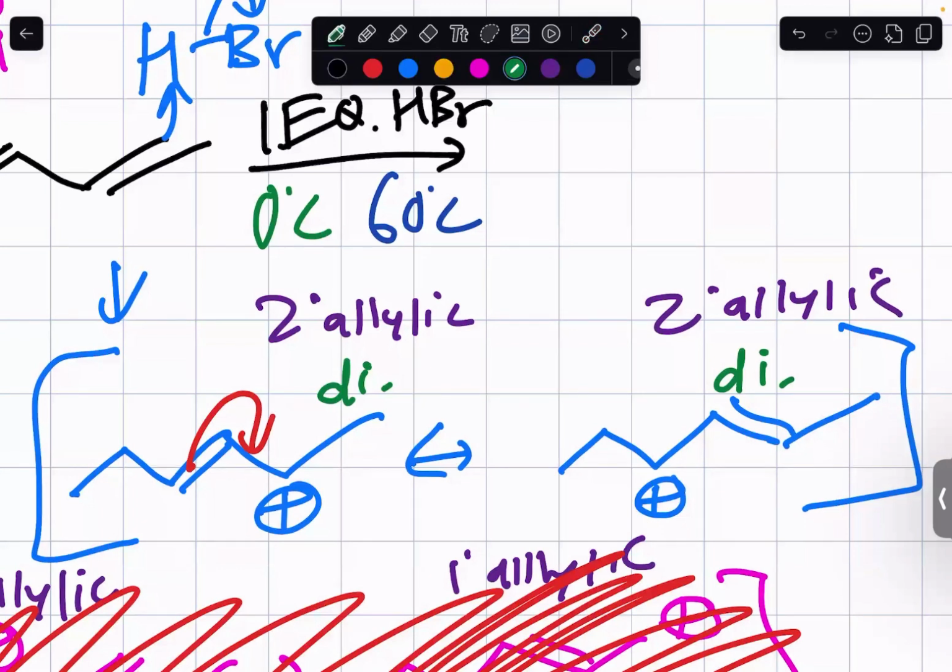If you have a tie like this, they're equally substituted, right? So if we're looking for the thermodynamic product, how many products would we get? Would both of them count as a major product if we're going for the thermodynamic product, or would only one of them count?